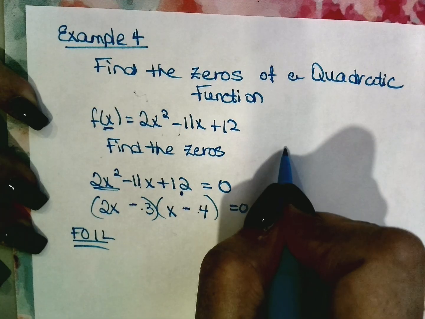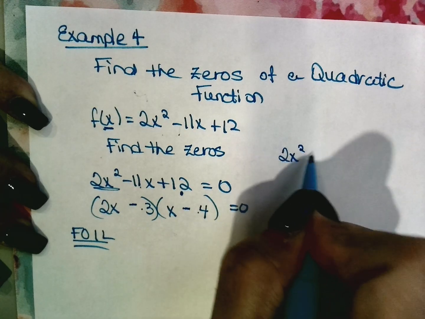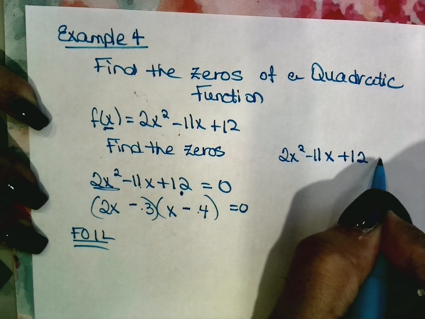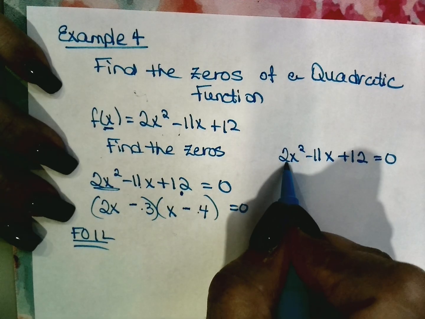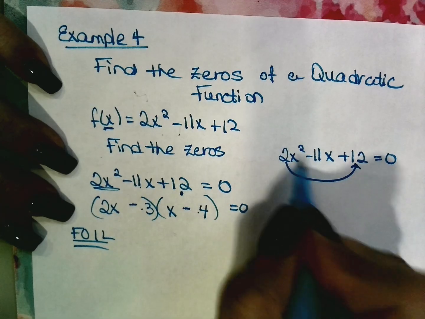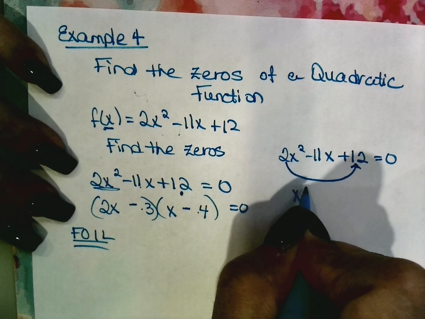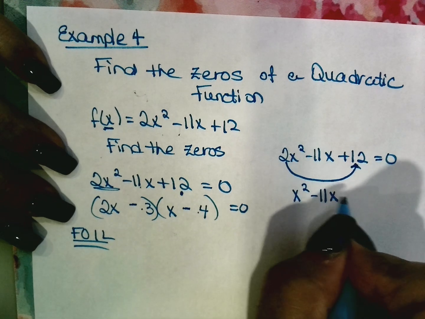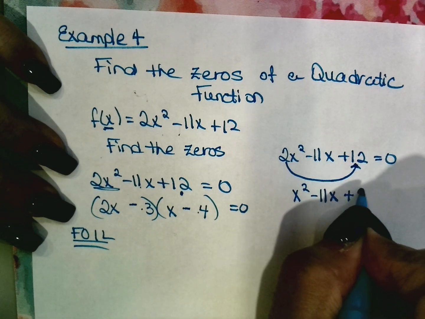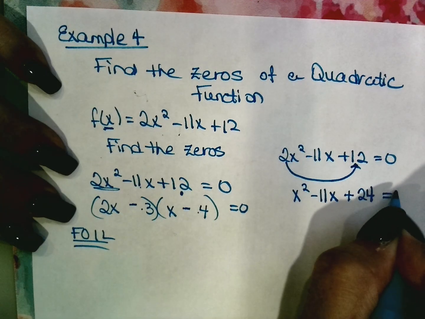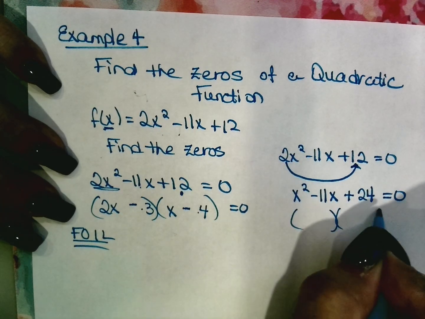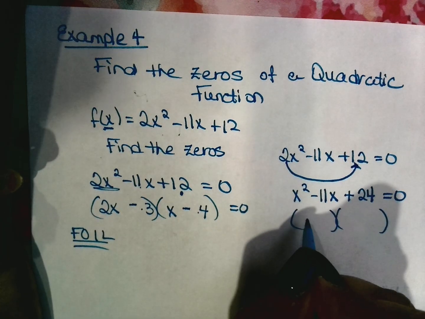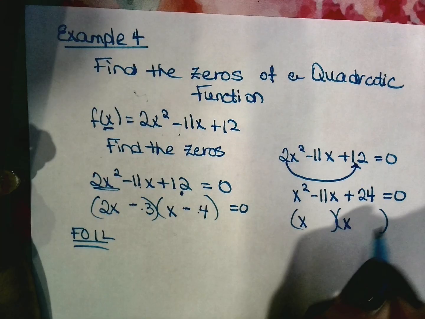There is a different way. You take the 2x squared. You will still get the same answer. You're going to scoot this over here and multiply by the 12. So this is going to give you x squared minus 11x plus 24 equals 0. You're going to factor this. Again, we took the 2 and we multiplied by the 12, by the constant out there. This is going to give us x and x.